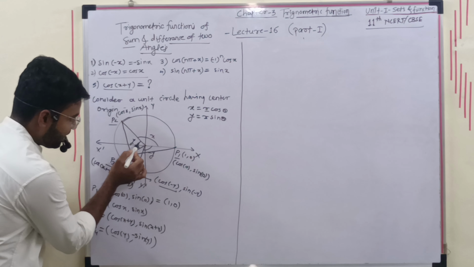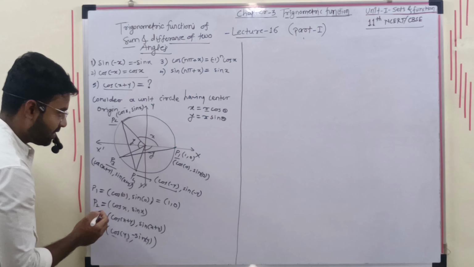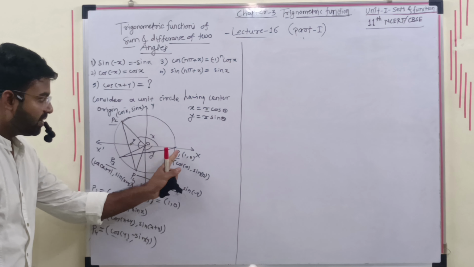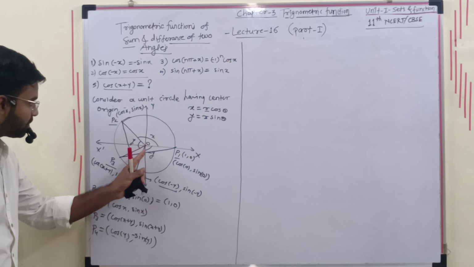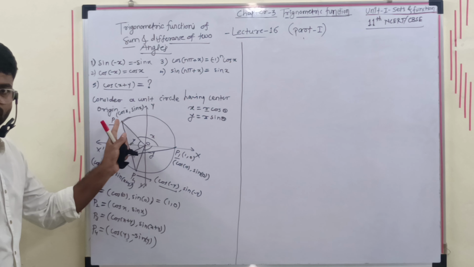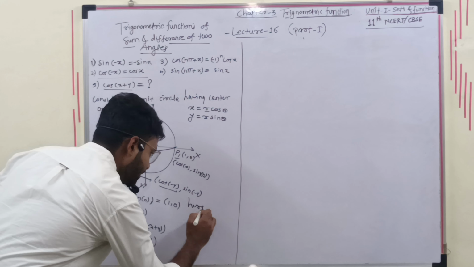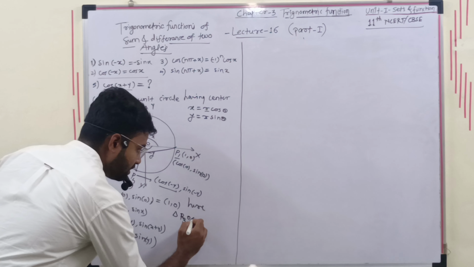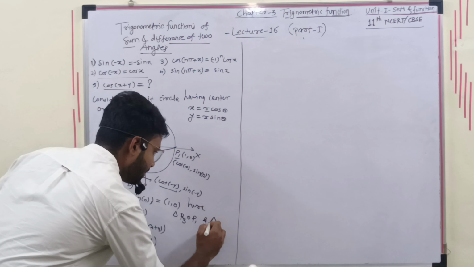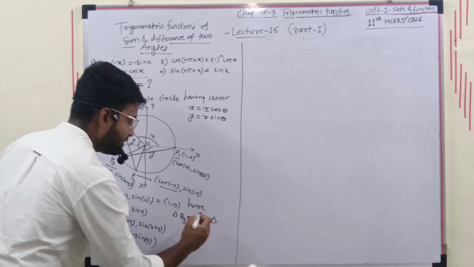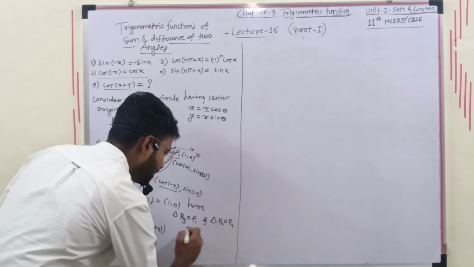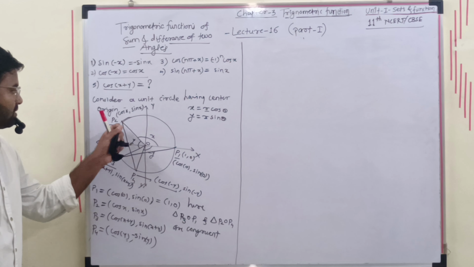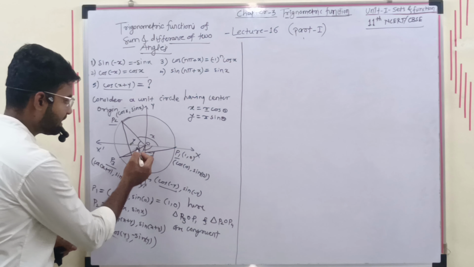Since it is minus y angle and plus y angle, the triangle P3 O P1, with center O, is congruent to triangle P4 O P2. Congruent means all corresponding sides are equal, because this angle is the same.